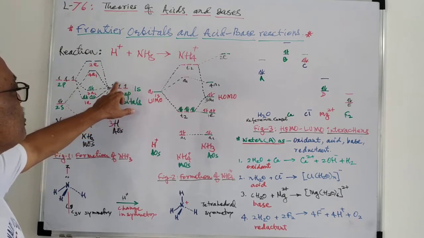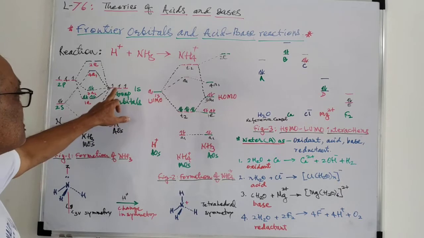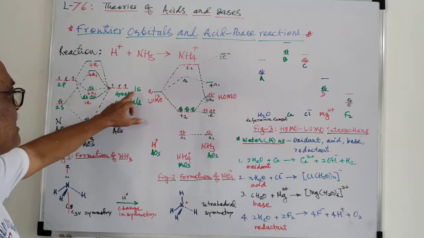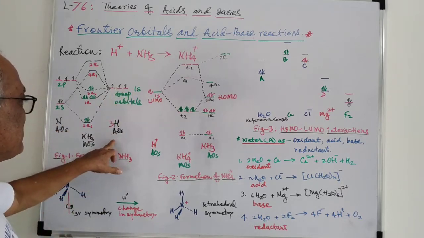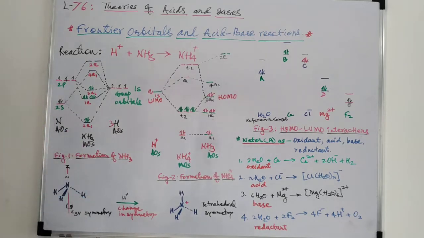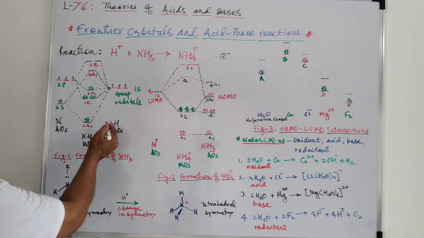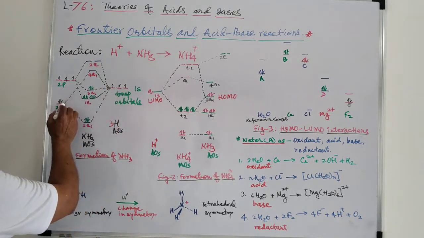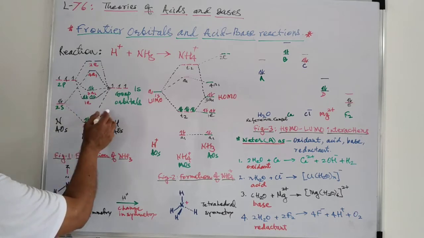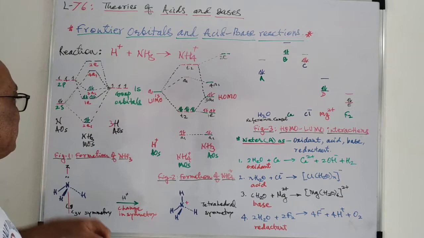So there is a group of 3 1s orbitals, and there are only 3 electrons provided in these group orbitals of 3 hydrogens. So during the reaction, or during the formation of ammonia, there is linear combination between these 2s and these 1s group orbitals.